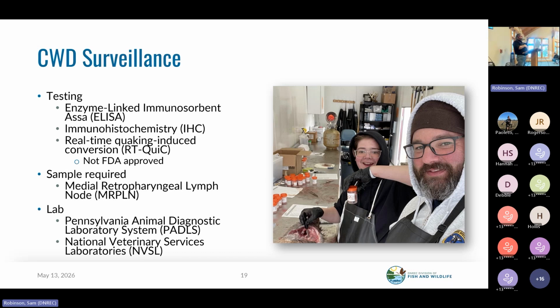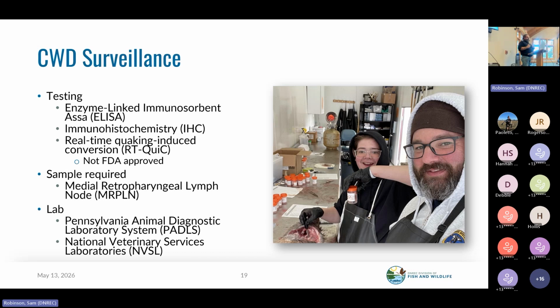And they usually do one and then check the other, kind of back it up. RT-QuIC is really new. Well, relatively new. Let me back my statement up. It's fairly new. It's working its way through approval, but it's going to be a while because there's just methods of how they're utilizing this and all the methods they're using to test with. So that's a little up in the air.